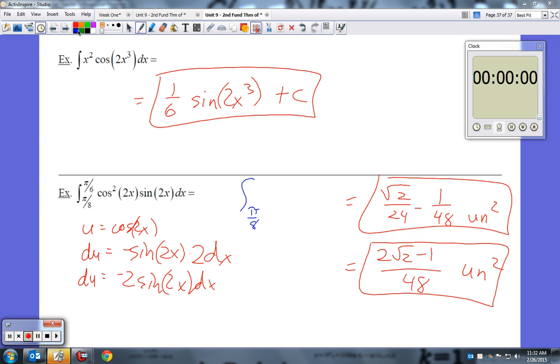Pi over 8 to pi over 6. No, hold on. Change of bounds, my bad. I'm looking at something else. So it's 1/2 of root 2 over 2 to 1/2. If you keep it as this, or you can flip it and make it a positive 1/2, u squared du, and then you solve it.